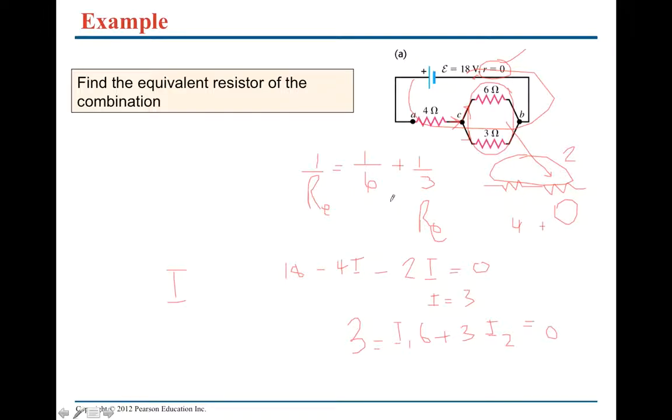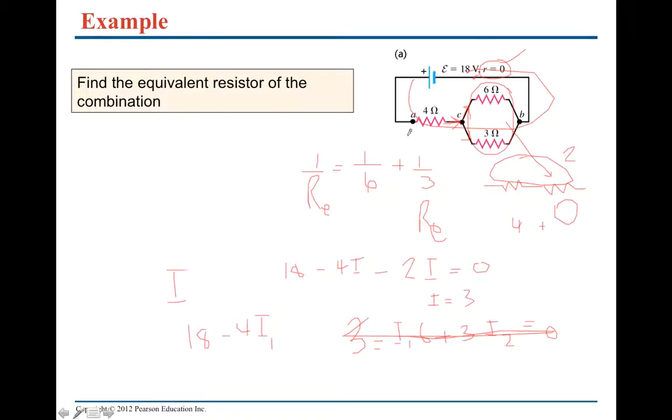Sorry, I'm taking here the current at this junction. Let's call this the voltage 18. Sorry, this is messed up. If I go around, it's 18 minus 4 I1.